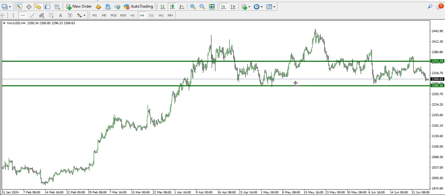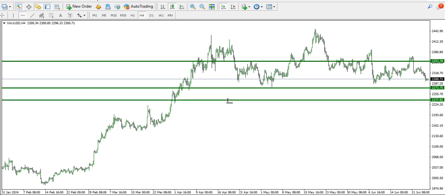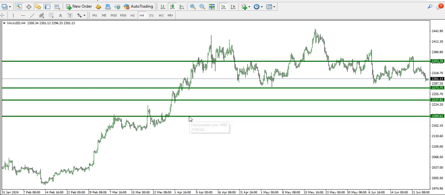Our price has already reacted to it. It's the range bottom. We have another order block here, 2237. We have another order block around here on the 4-hour time frame, 2189.